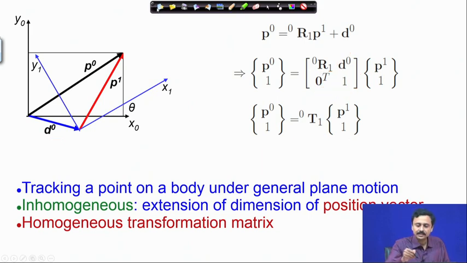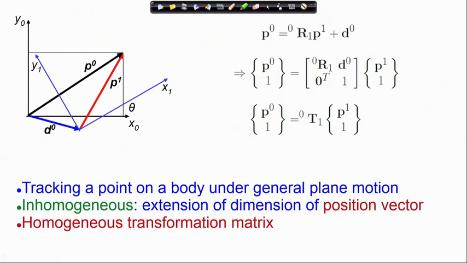So, that gives us the homogeneous transformation matrix. This is the structure of the homogeneous transformation matrix, and we represent it as T from 1 to 0. So, this T takes us from 1 to 0.